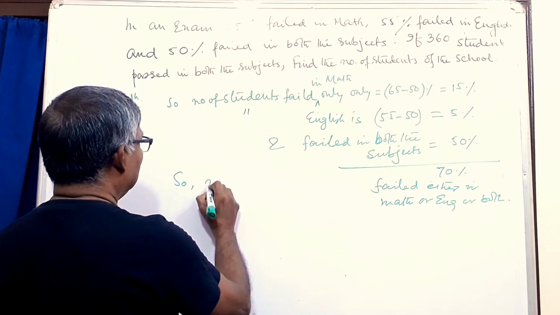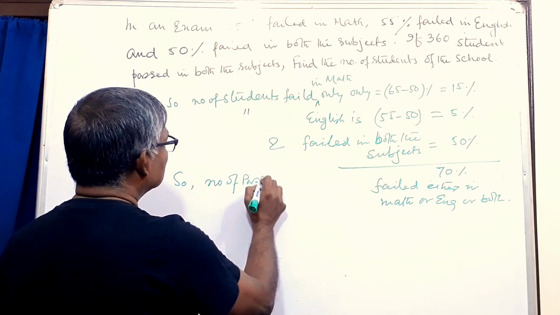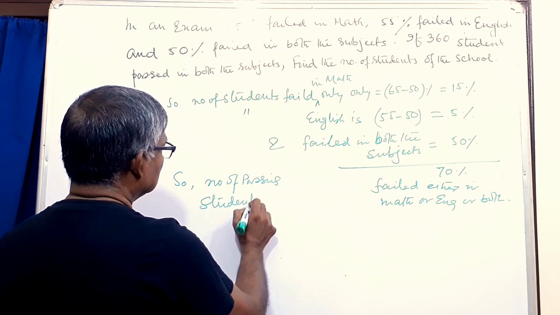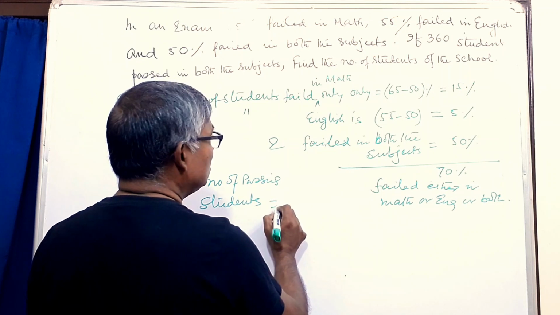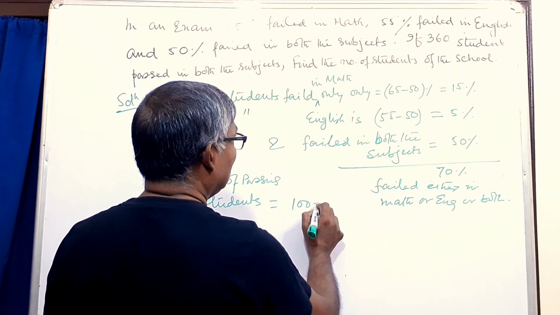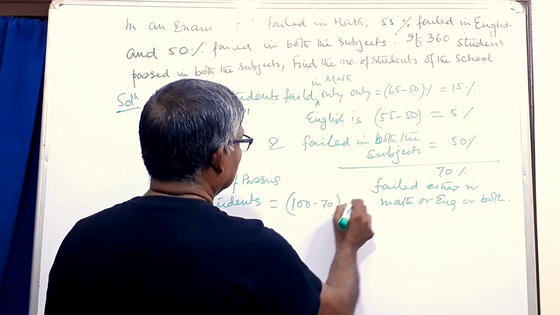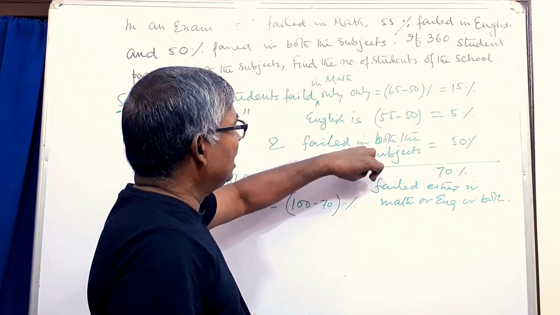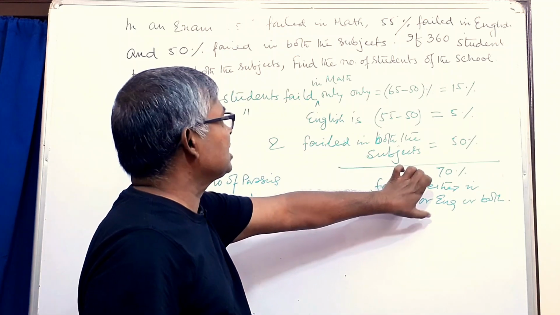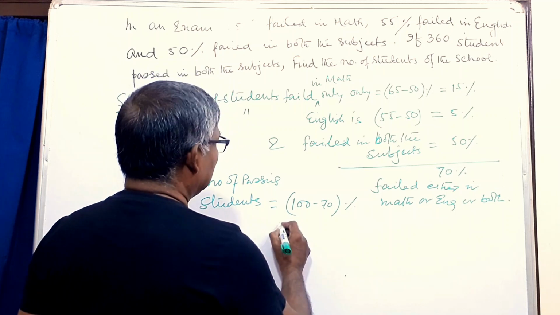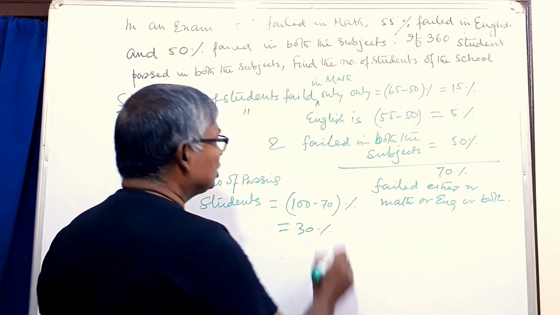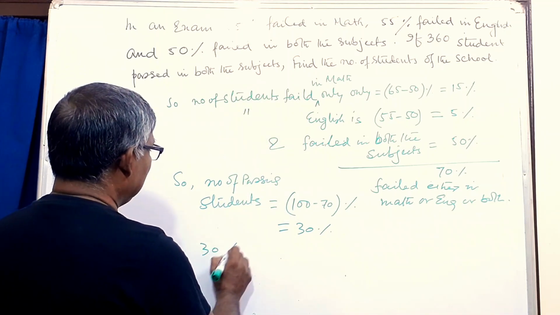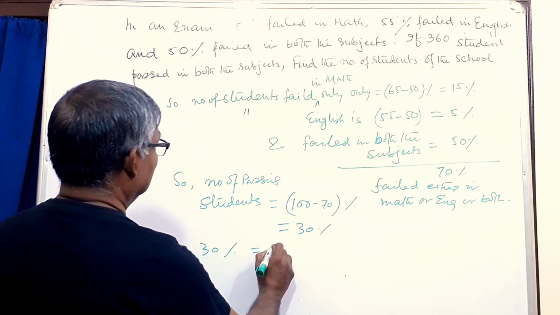So number of passing students equals to 100 minus 70%. 70% failed in either of the subjects or both the subjects. So 30% passed in both the subjects. Here given 30% equals to 360.